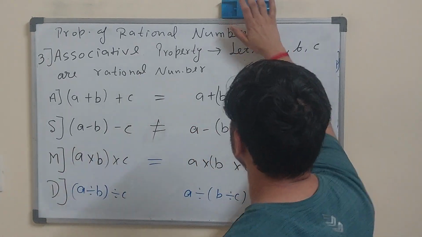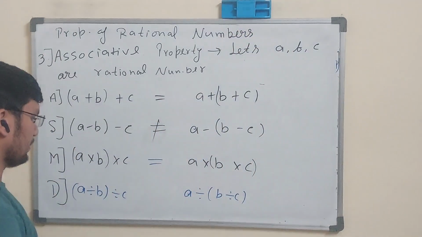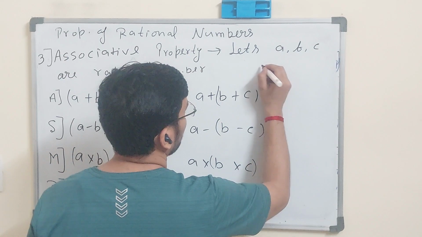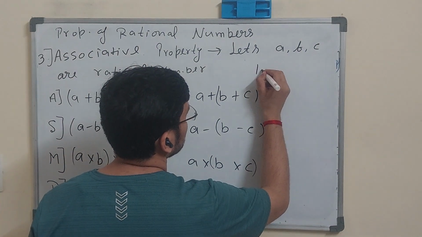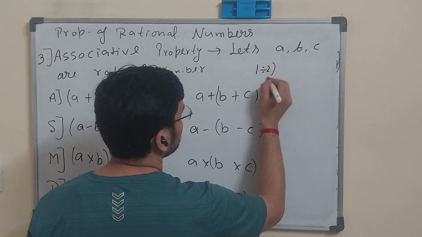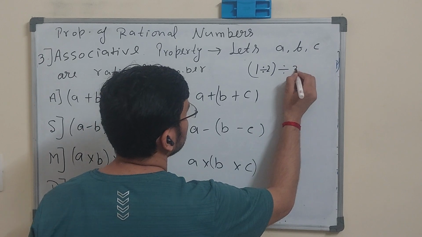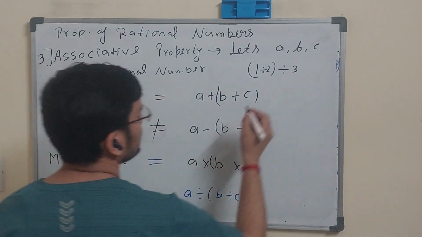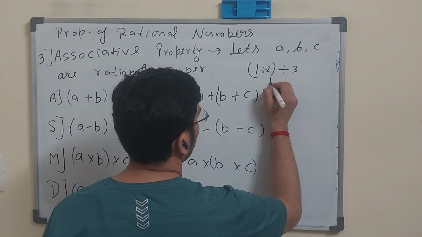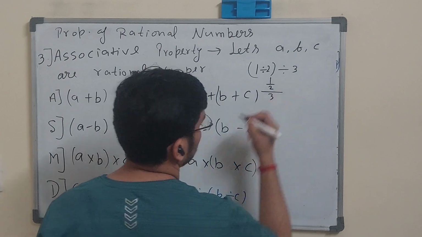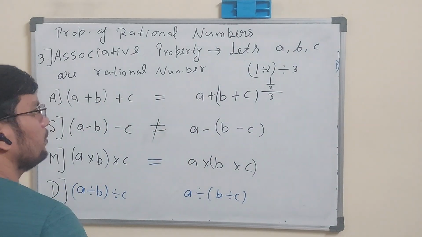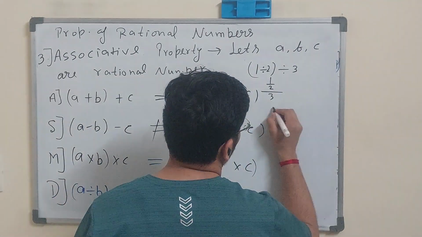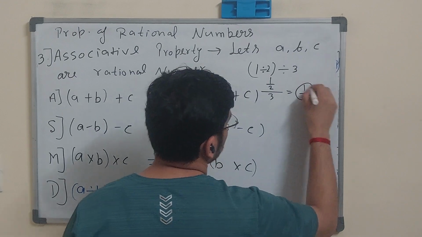First, I am trying to solve the left part. Suppose that 1 divided by 2 divided by 3. So it will be 1 upon 2 upon 3, which is 1 by 6.